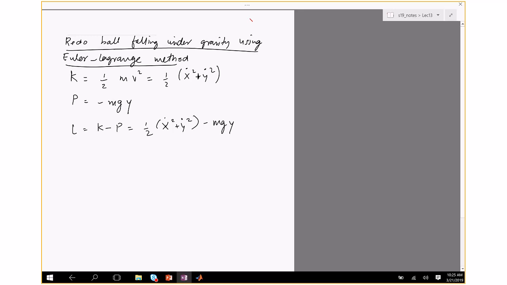Okay, so now we are all set to use the Euler Lagrange formula, which is d/dt of ∂L/∂q̇k minus ∂L/∂qk equals the generalized force.